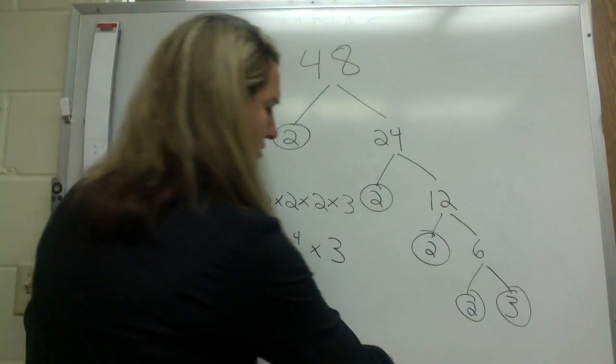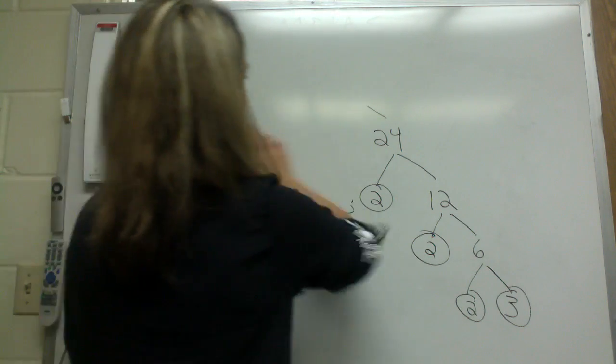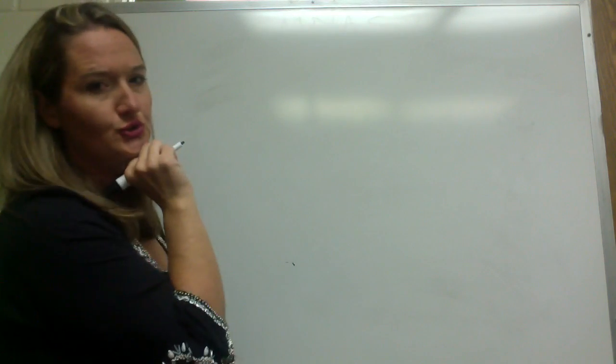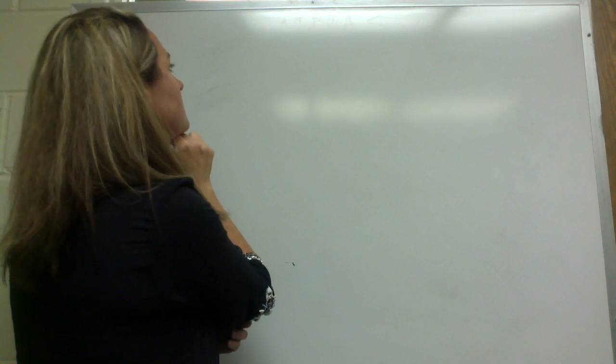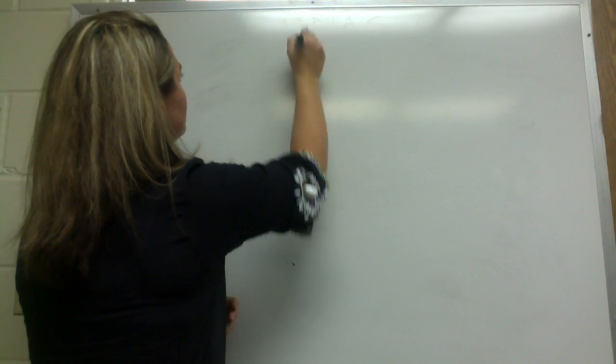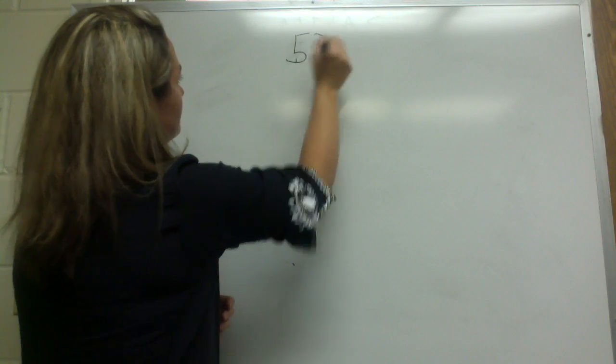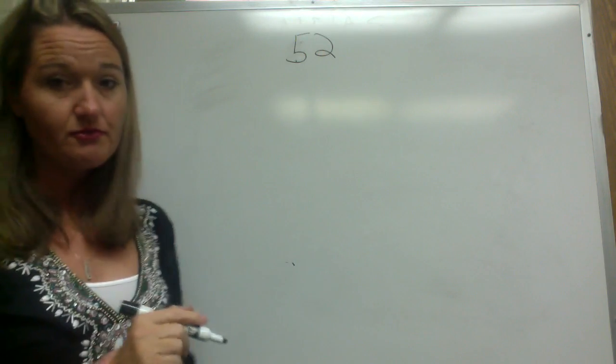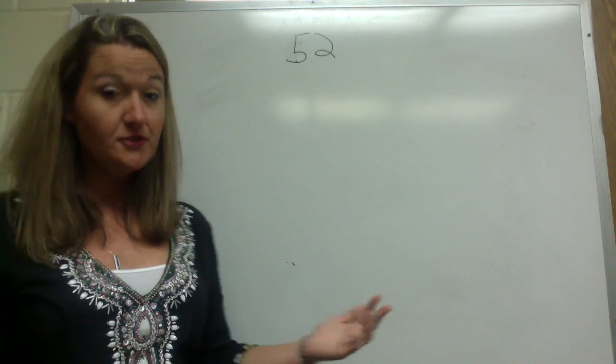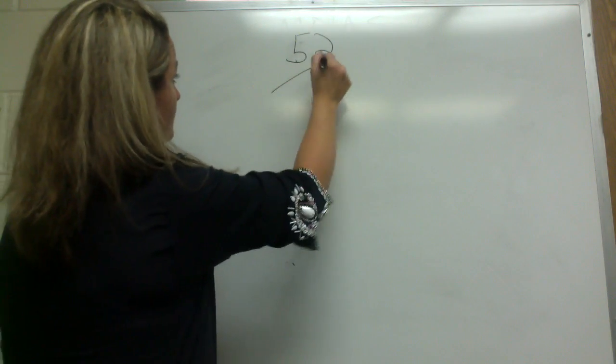All right, let's do another one. Let's do 52. For 52, we're going to do the factor tree first. Right off the bat, we're going to split it with 2.